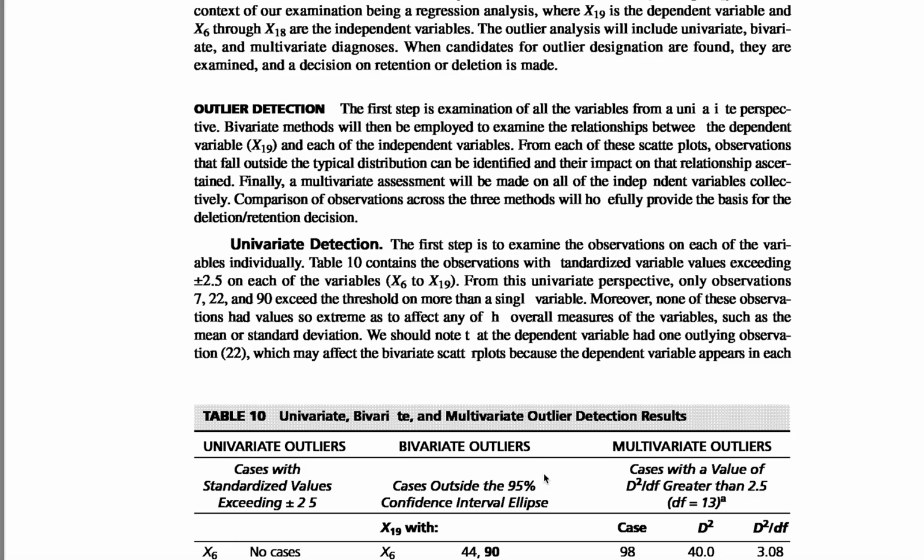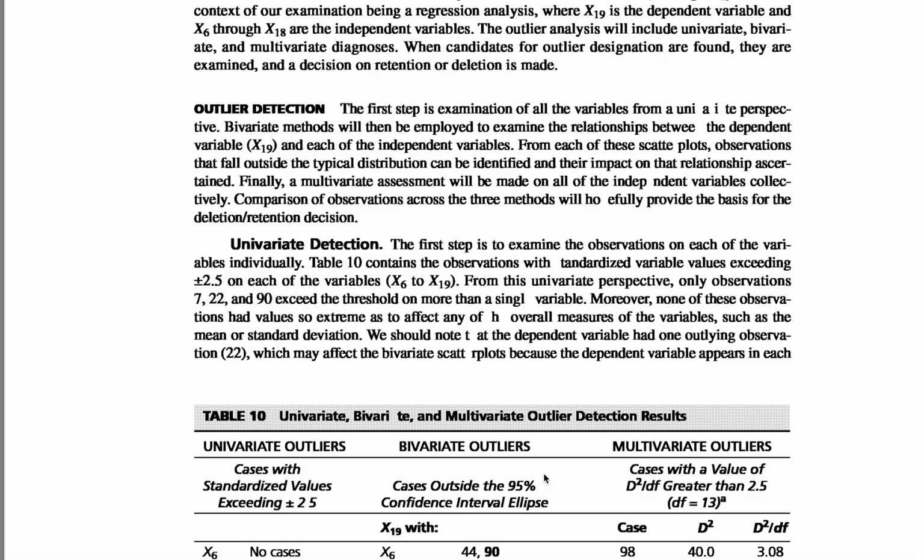From each of these scatter plots, observations that fall outside the typical distribution can be identified and their impact on that relationship assessed. Finally, a multivariate assessment will be made on all of the independent variables collectively. Comparison of observations across the three methods will provide the basis for the deletion or retention decision.